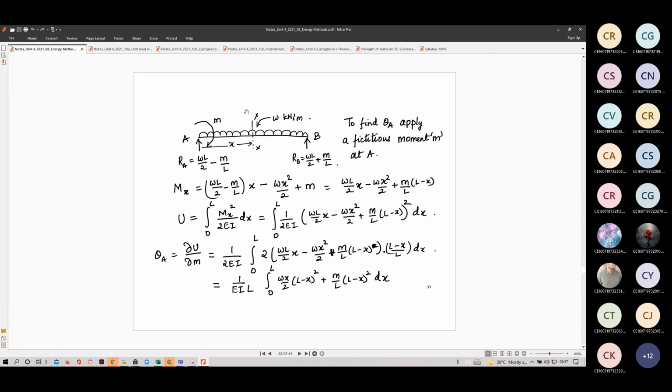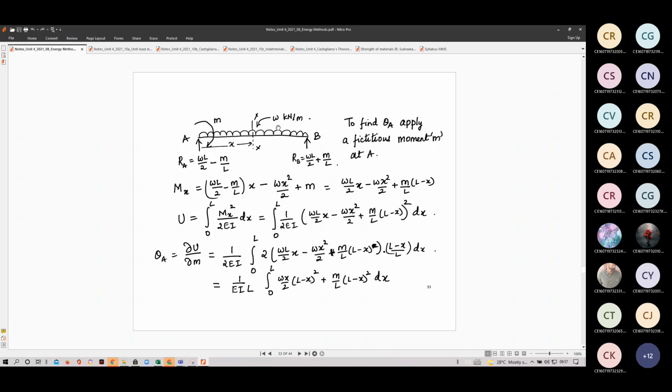So now I don't put the fictitious force P, that is not there, but I use the fictitious moment M in the direction of the slope theta. Here the slope of the endpoint in the elastic curve will be theta. It will bend this way. So moment will be in this direction.